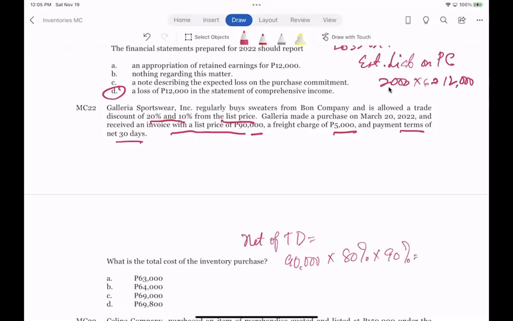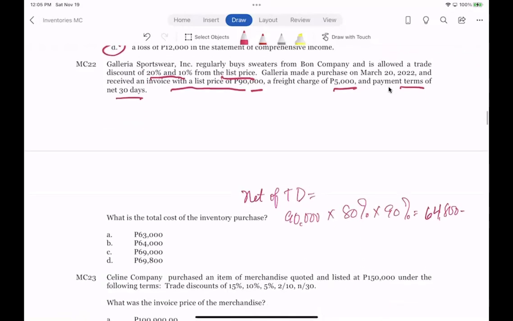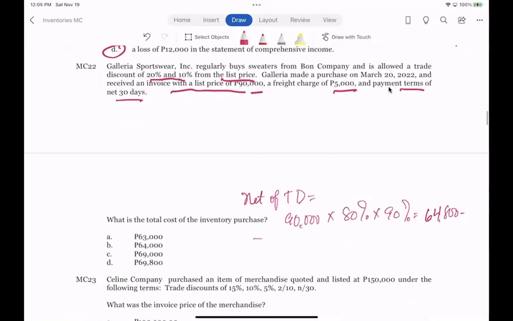So that is 90,000 times 0.8 times 0.9, which is 64,800. Add freight amounting to 5,000. There is no cash discount, so it's 69,800.